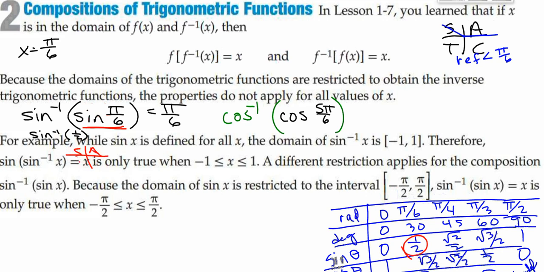For sine, the nice thing when we're doing inverse sine is it's either the reference angle positive, and then that's it, or the reference angle negative, and then it's just the negative angle. So the inverse sine of 1/2, that reference angle is pi over 6, and so it is the same answer.